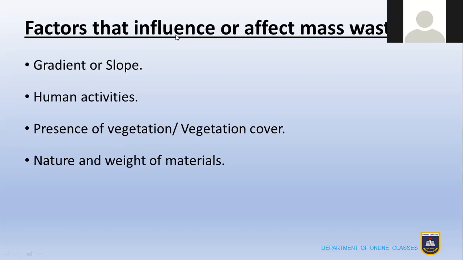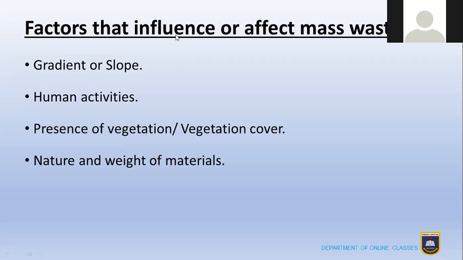Let's come to the nature of the material. The nature looks at whether the materials are compacted together, or they are somehow loose. When the materials are compacted together, then they are not likely to move at a faster rate, or to be wasted or moved, compared to materials that are loose.